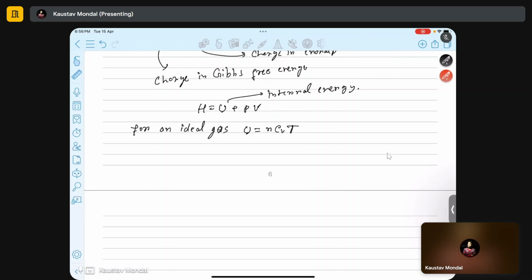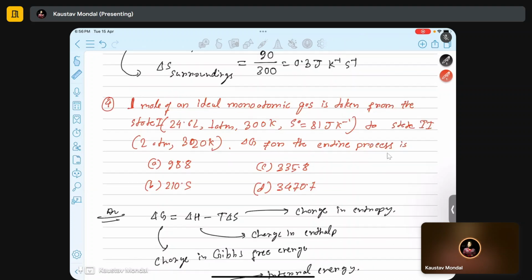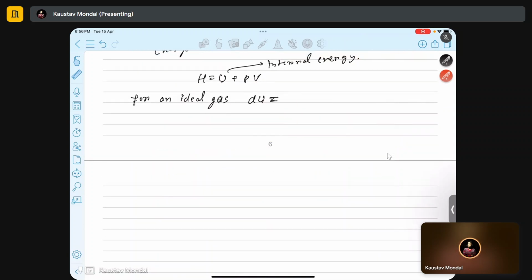How does it come about? We already know dU is dQ plus dW. Considering a process where the volume is kept constant, dW is 0 because P dV is 0.